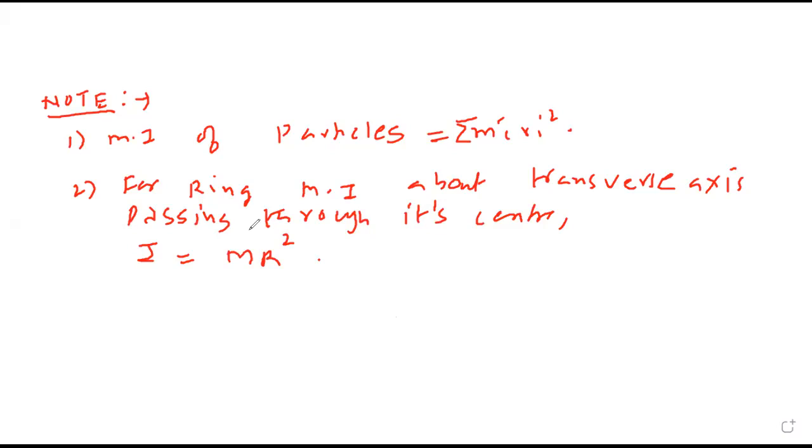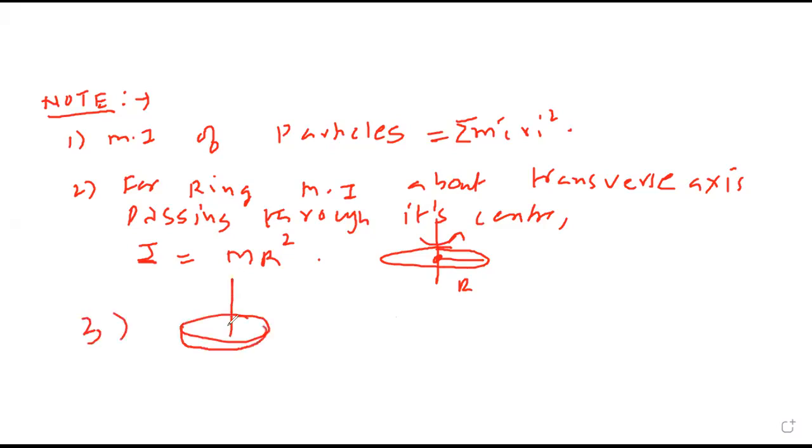You don't have the proof, so I just wrote the formula of moment of inertia of a ring. If this is a ring, axis passing through center, moment of inertia is mass into r square. Please copy again 2 points.